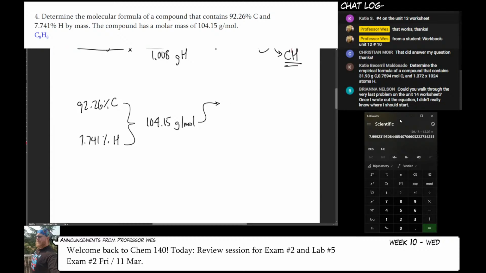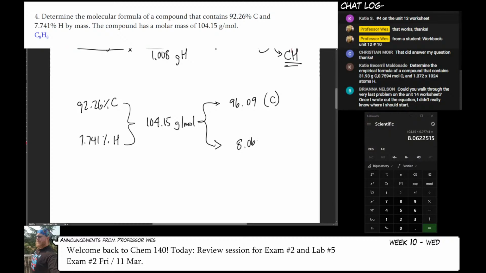So 104.15 times 0.9226, and I get 96.09. I'm going to write that for carbon. And then down here, we'll do the same thing for hydrogen: 104.15 times 0.07741.